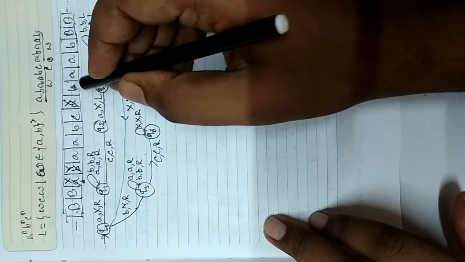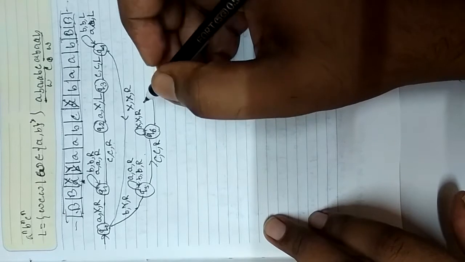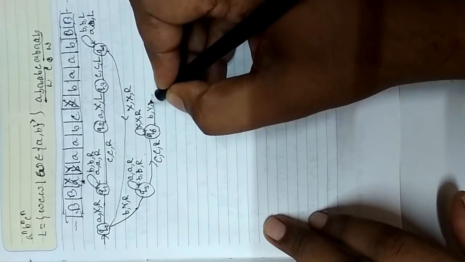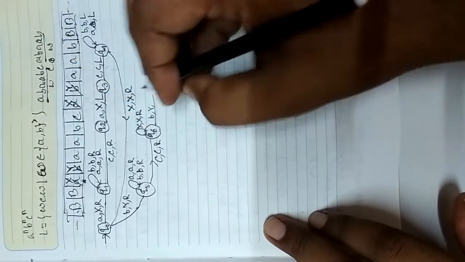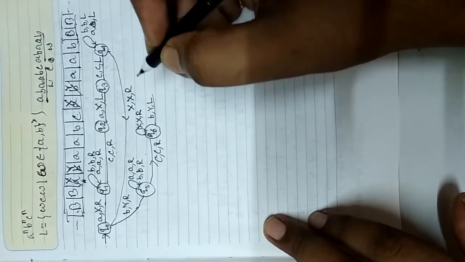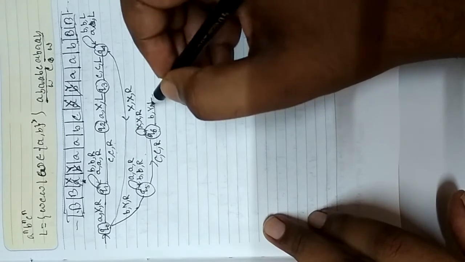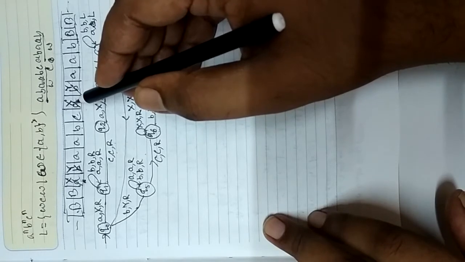Now it will replace this B. So from Q6 it will replace B by Y, and then it will move to the left. While moving to the left, it will encounter X.